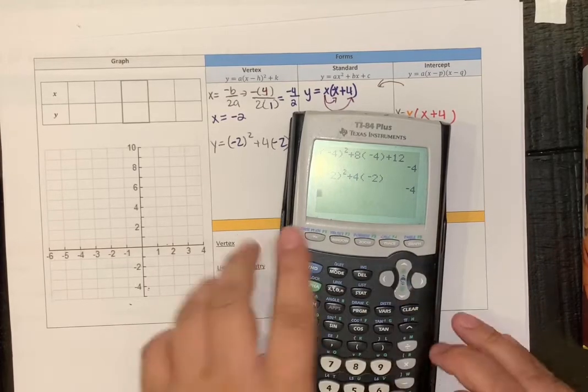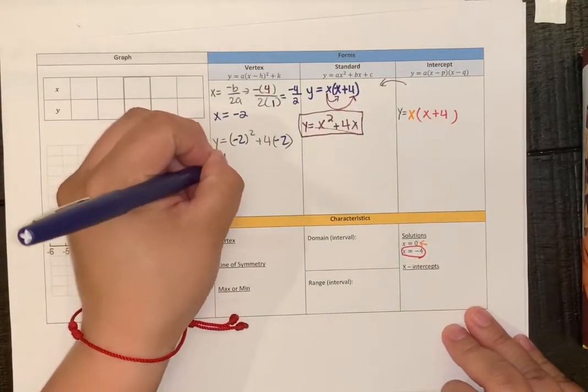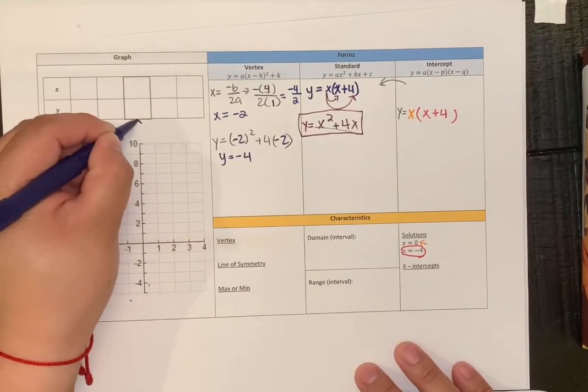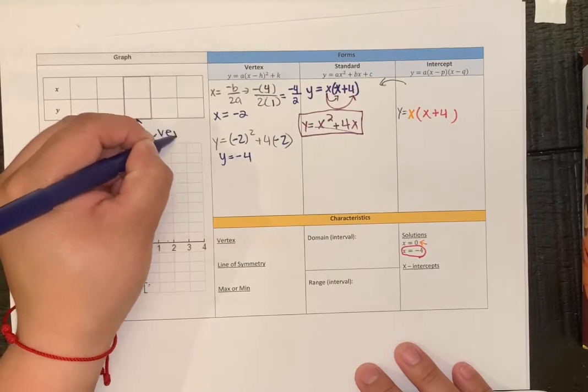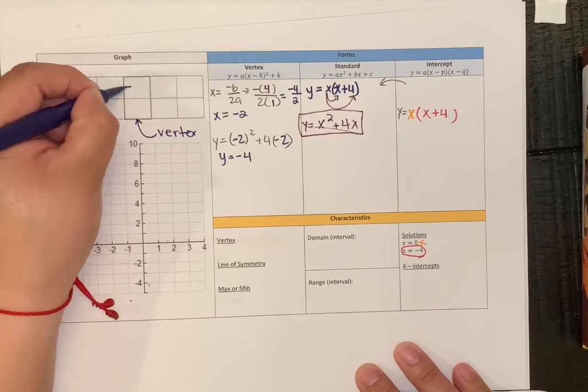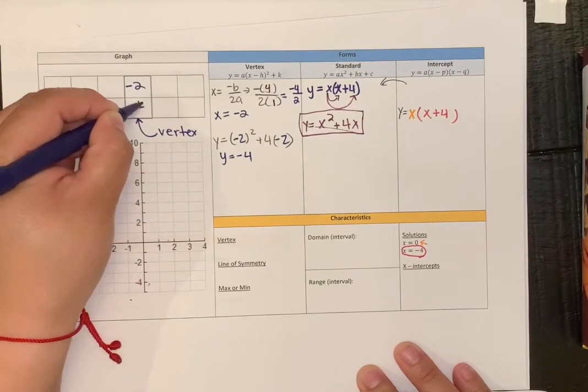And my y would be negative 4. So now I know that my y equals negative 4. Again, I want my vertex to be right here because it's simply just easier. So I have x equals negative 2, y equals negative 4.